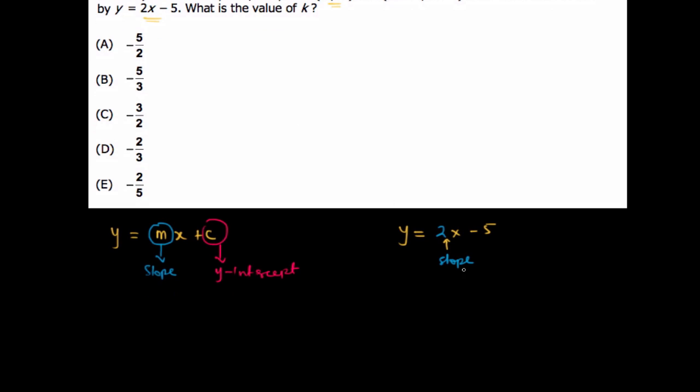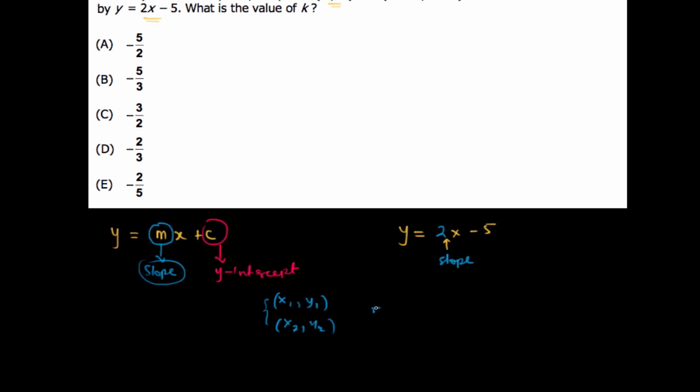Alright, let me now explain something again to you. Whenever you're told to find the slope of a line, how do you find the slope if you're given 2 points? Say you're given the points (x1, y1) and (x2, y2), and you're told to find the slope of the line that contains these 2 points.